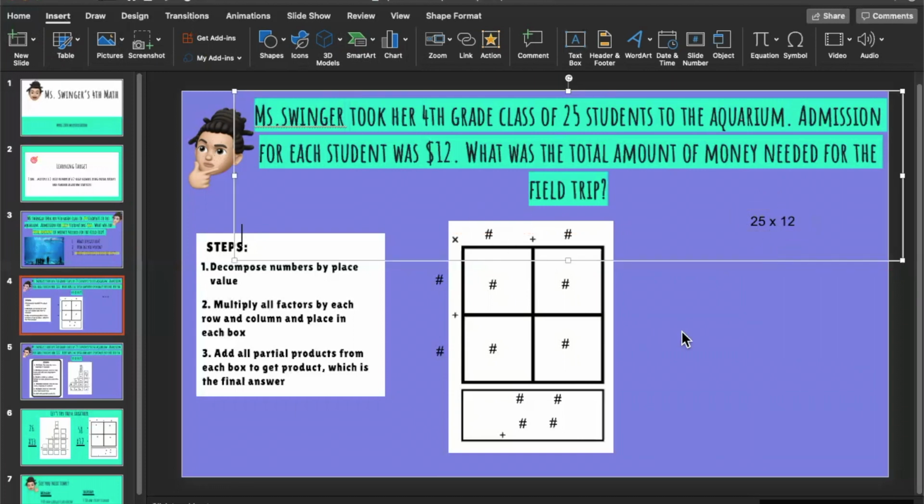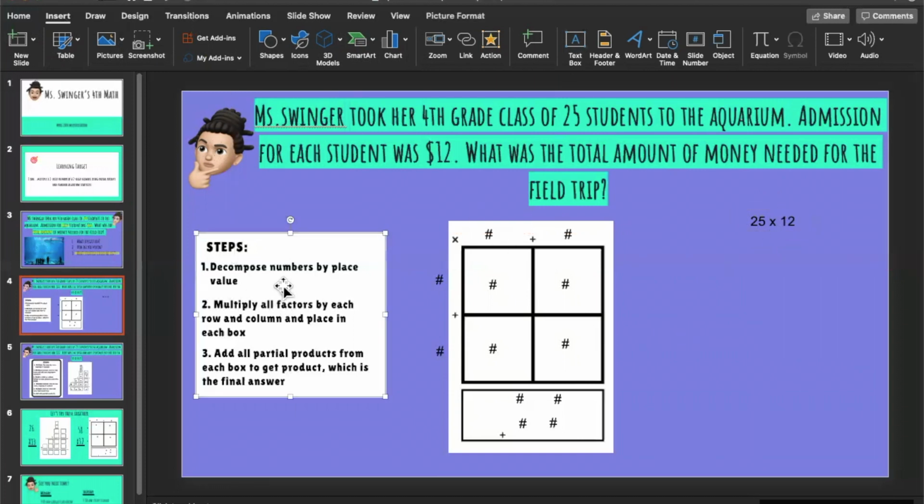So now that we have our problem, it says first that we need to decompose numbers by place value. I can look at my area model and I can see that it is divided into ones and tens, okay? So I want to first decompose the numbers, meaning break the numbers apart based on their place value.